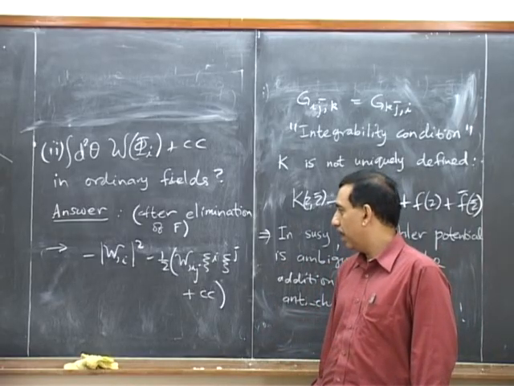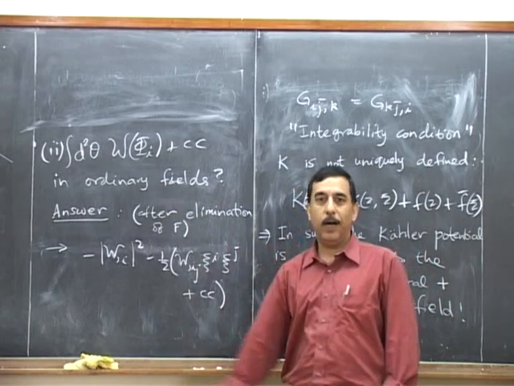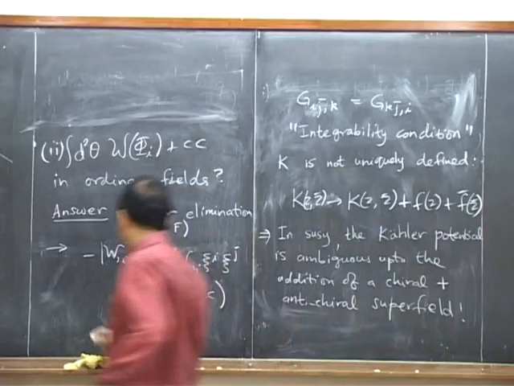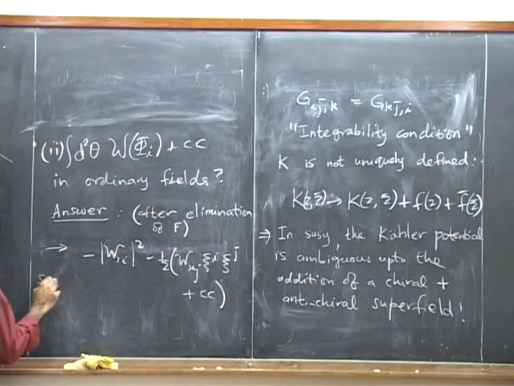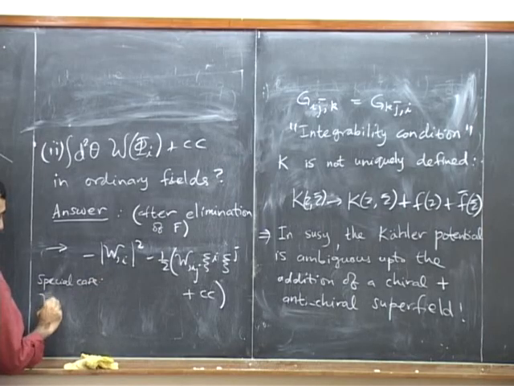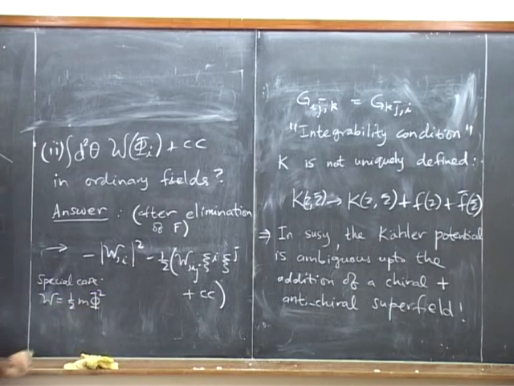Now I hope you can see that if W was chosen to be a half m phi squared, special case, and we have only one superfield, then W_{,I} is m phi.